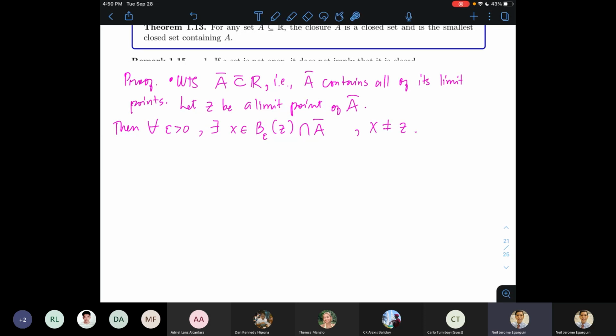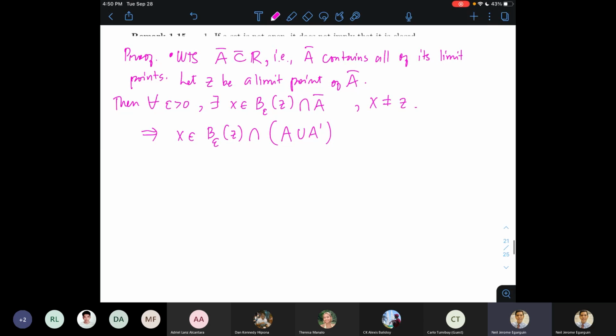Okay? Tapos, gagamitin ko yung definition ng closure. Ano yung definition ng closure? Yung closure ay A union derived set. So that means X is an element of the epsilon neighborhood of Z intersection this set A union A prime. But I can expand this set.